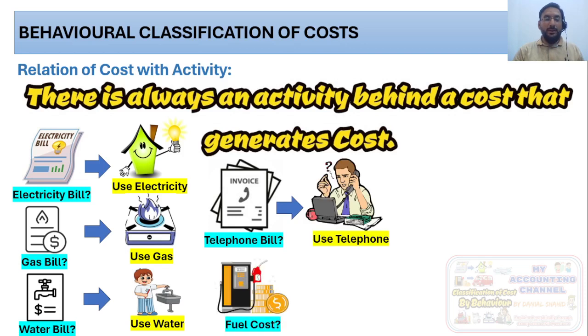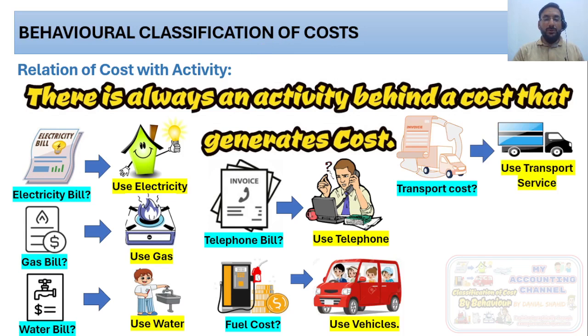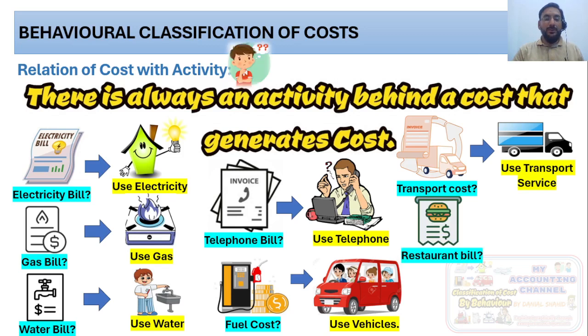And why do we face the fuel cost? You think. So we face the fuel cost because we use fuel in our vehicles. And why do we face transport costs? Because we use transportation services. Why do we pay the restaurant bill? You think over it.